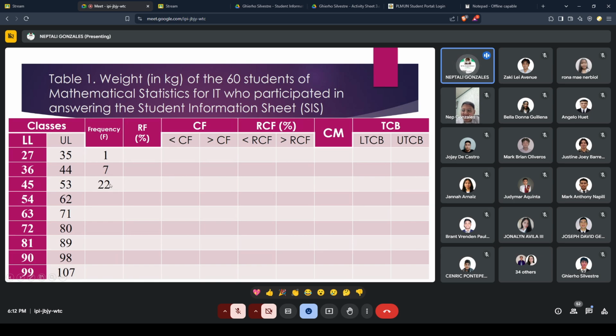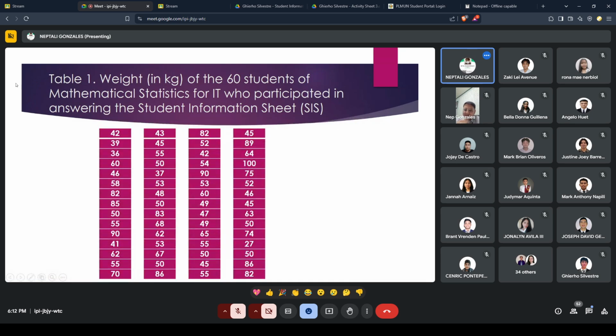There are 22. Next, fourth class from 54 to 62. How many are included in this class? 54 to 62. Yes, Verlin. 10 po.